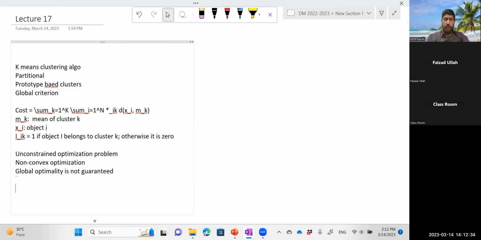So any questions on the k-means and the basic steps of the k-means algorithm? What is the computational complexity?